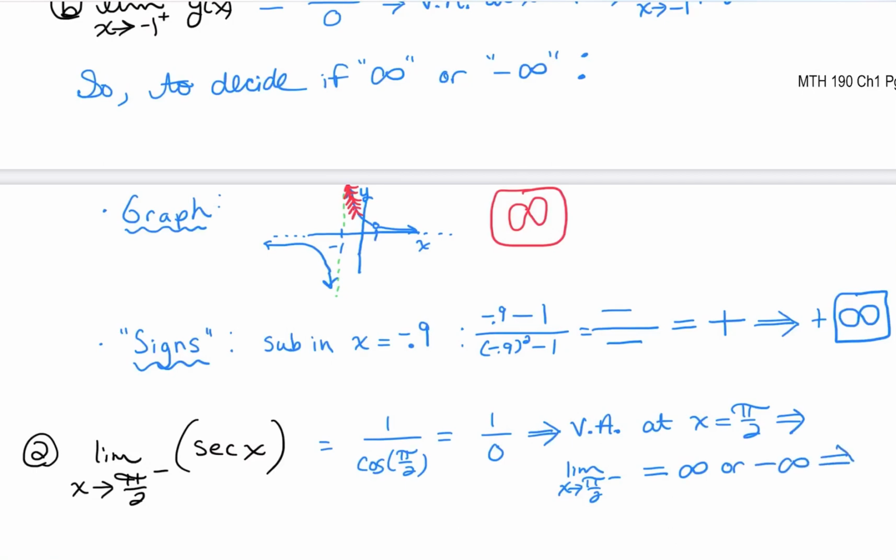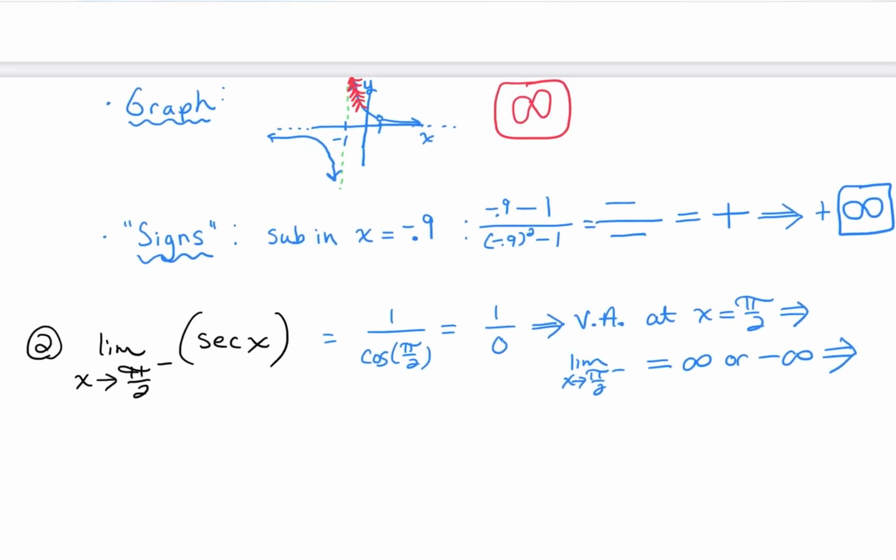So let's go ahead and take a look at the graph in order to decide which it is.